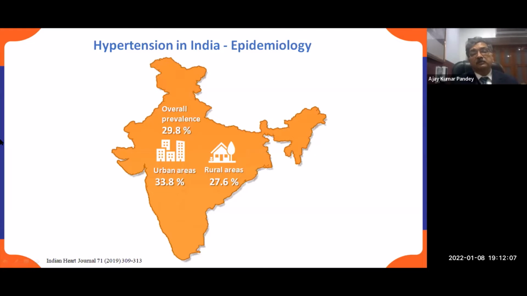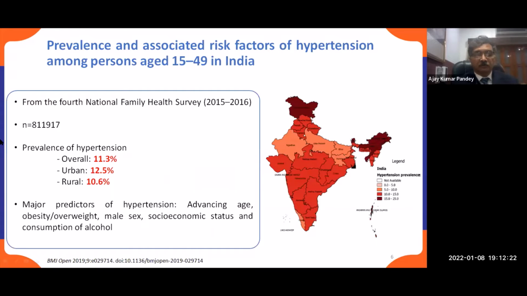So if you feel that hypertension is not a rare disorder, that's true. Around 30% of our population, whether rural or urban, are suffering from hypertension, which is really a very important comorbidity for cardiovascular disease as well. And if you look into the prevalence and associated risk factors for hypertension among persons aged 15 to 49 years, the prevalence of hypertension is 11.3%.